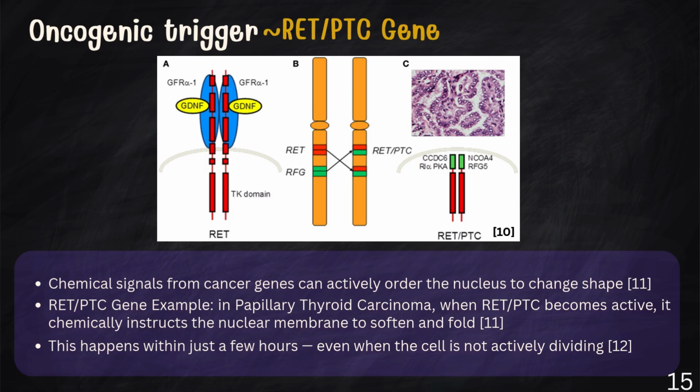Okay, you can see in this slide, the normal RET gene changes and becomes rearranged into the abnormal RET-PTC gene, which can happen within just a few hours, even if the cell is not actively dividing.